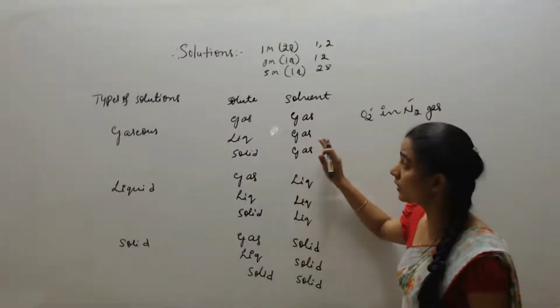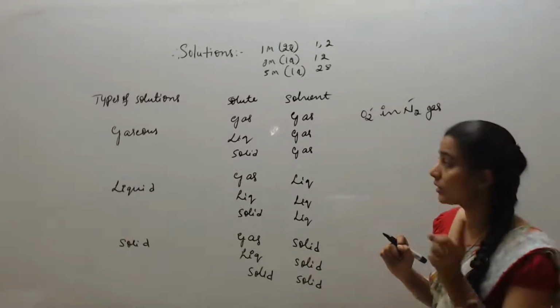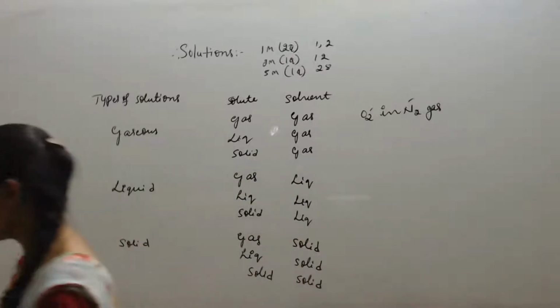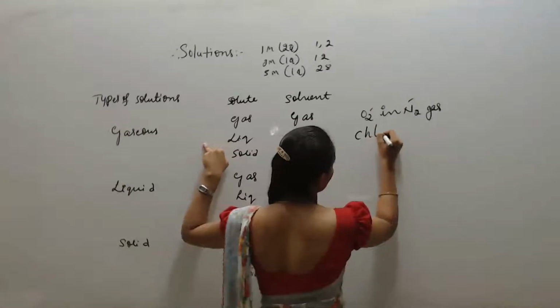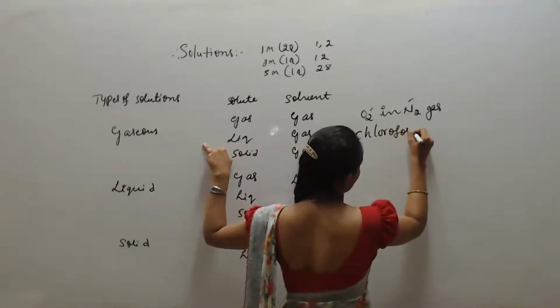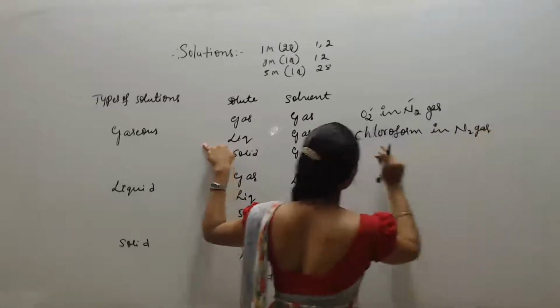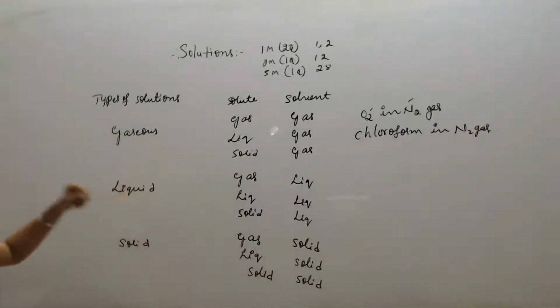Okay. So liquid gas solution. Solvent is what? Solvent is gas, the larger amount of gas is there, and solute is what? Liquid. So here, for this, chloroform in N2 gas. Here, chloroform is a liquid. Liquid solute is dissolved in what? Into gas. Okay.